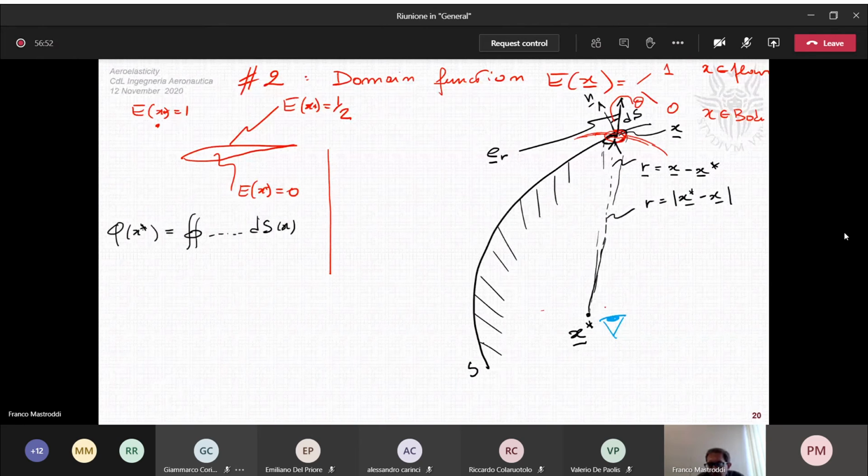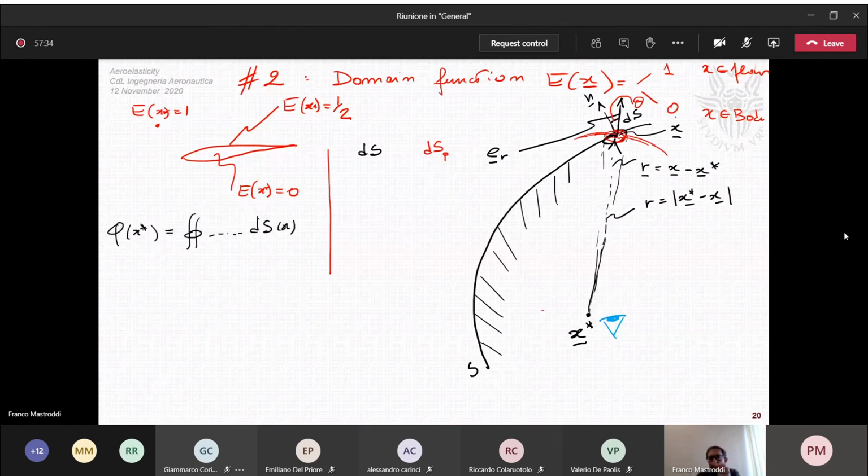Okay, so we have two elementary surfaces. We have the area ds. You see this area, this is a black area ds, and we have also the red area dsp on the sphere, and we have an angle.